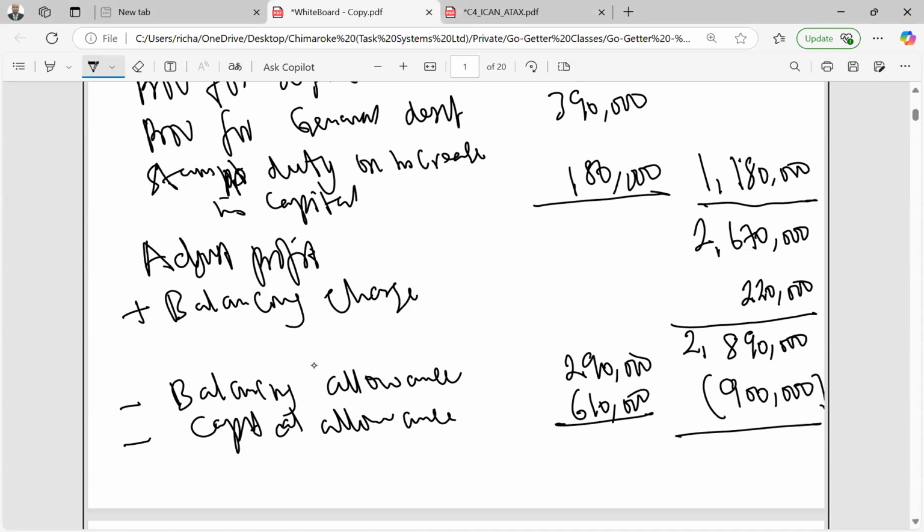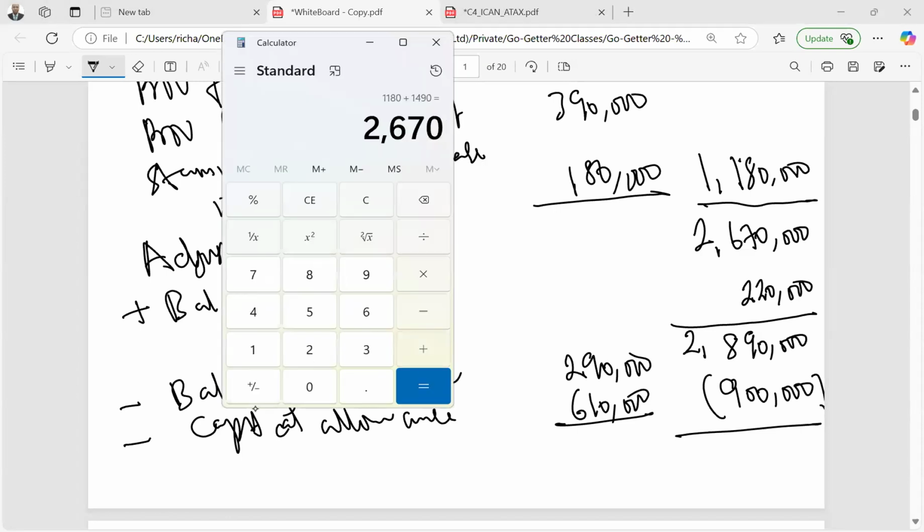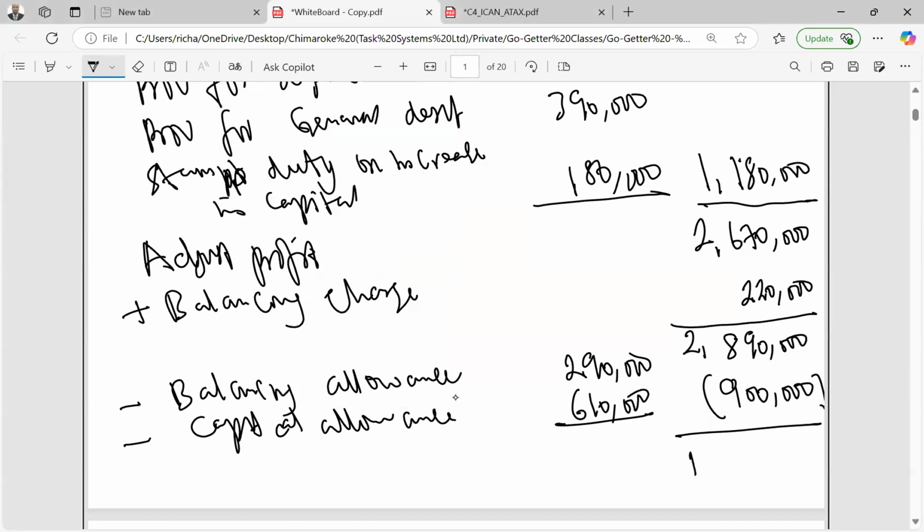So you less 900,000 from, okay, I didn't add this 220 here. We're supposed to less 900,000 from 2,890,000. So let's less our 900,000 and we are left with 1,990,000.